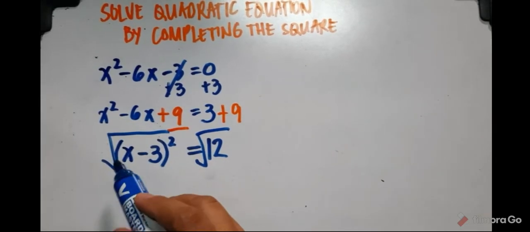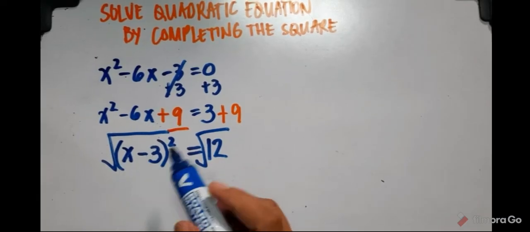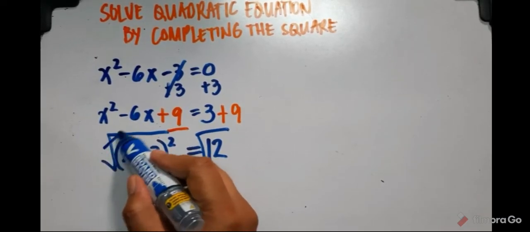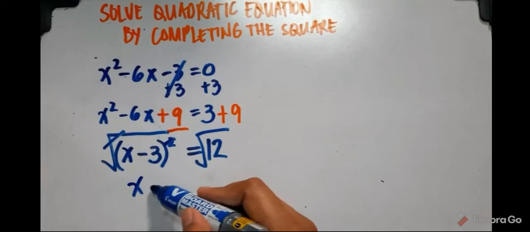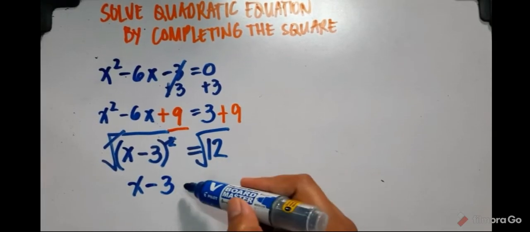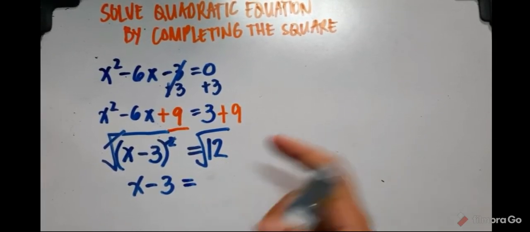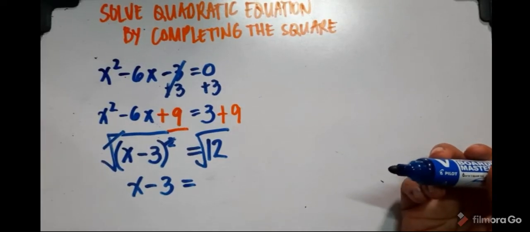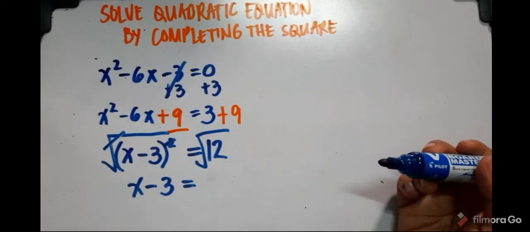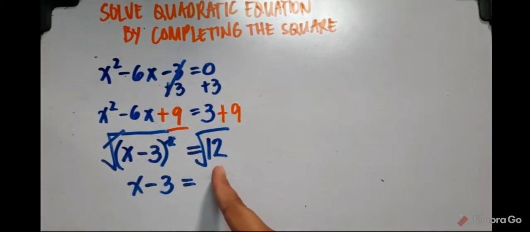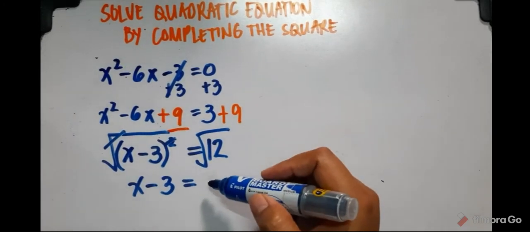So, the square root of the quantity x minus 3 squared is equal to x minus 3, which is equal to the square root of 12. 12 is not a perfect square. Therefore, we need to simplify 12 by getting its factors.